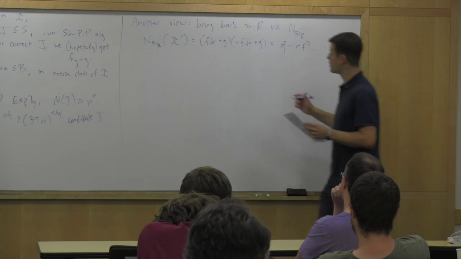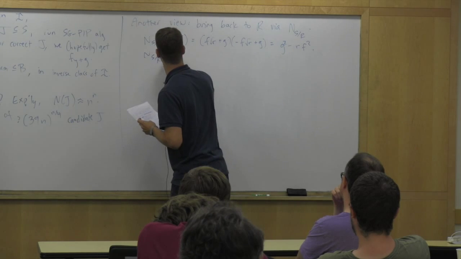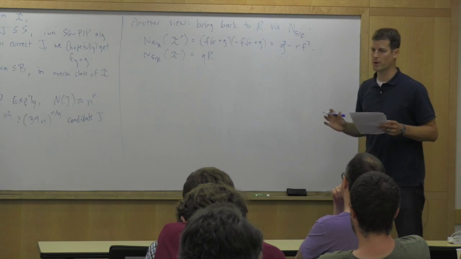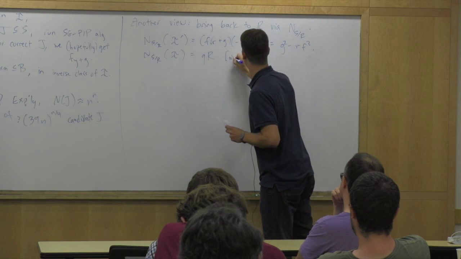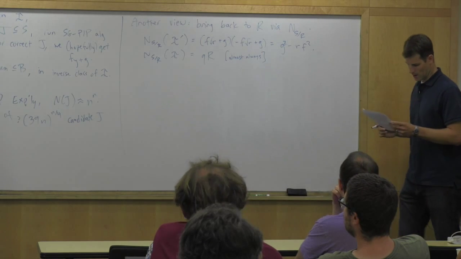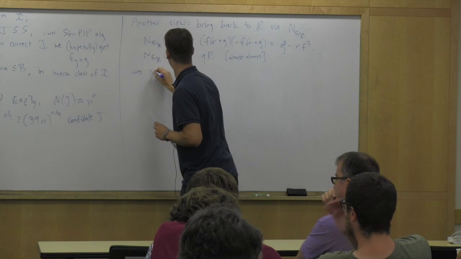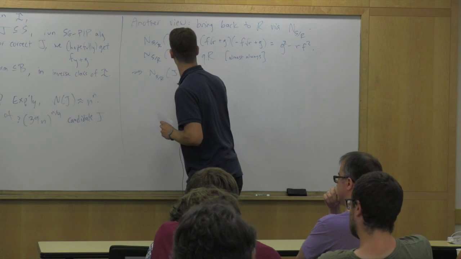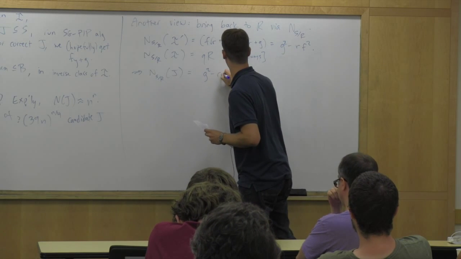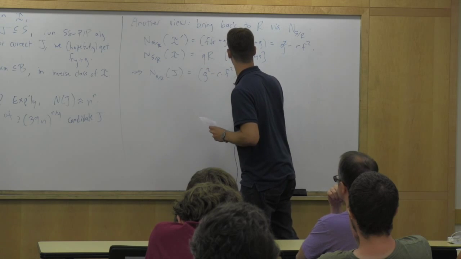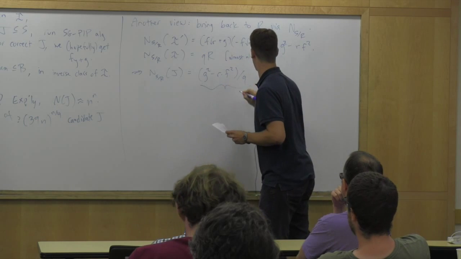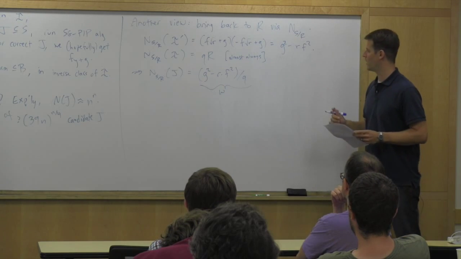And then the same norm, S on R of I, this is the Q R almost always. This is something you can check. And so therefore, the norm of S on R of this factor J is merely G squared minus R F squared divided by Q. Let's call this element W for wraparound.